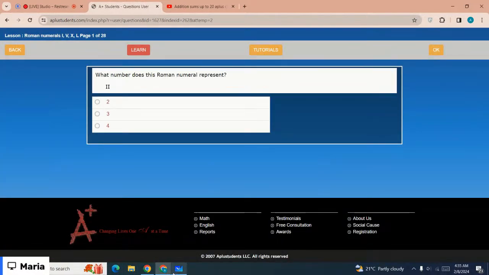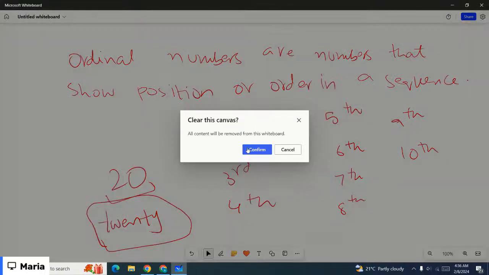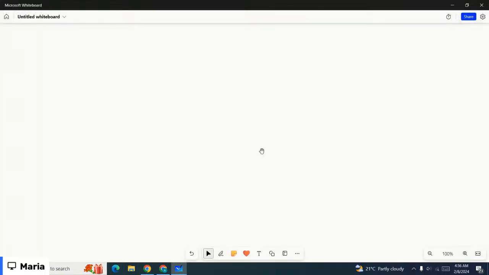Let me just write down the basic Roman numerals from 1 to 10 on the board. You can note them down on your notebook, right? So, how do you write 1 in Roman?